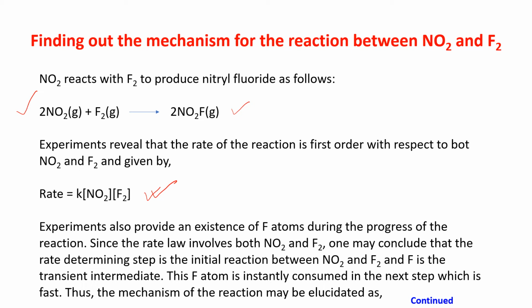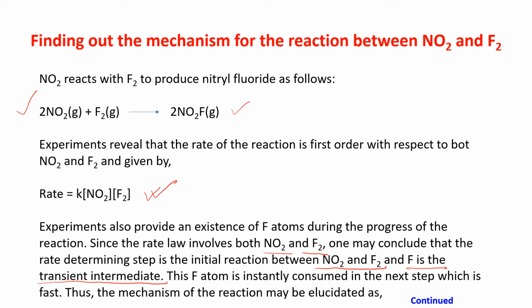Since the rate law involves both NO2 and F2, one may conclude that the rate determining step is the initial reaction between NO2 and F2, and F is the transient intermediate. This F atom is instantly consumed in the next step, which is very fast.